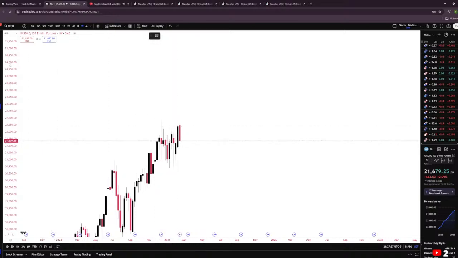So in order to find my CRT ranges, I just go to my weekly chart, go to the last week's candle. I mark the high, the low, and 50% of my candle's range.